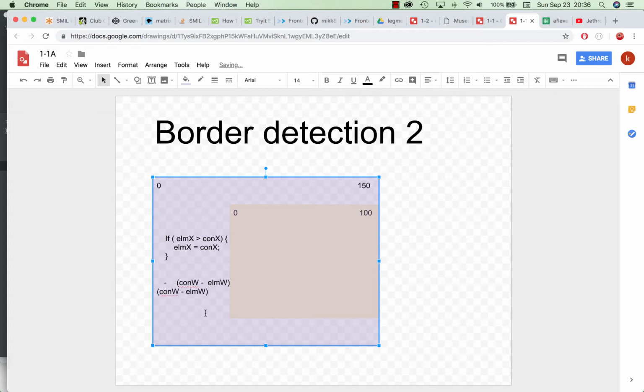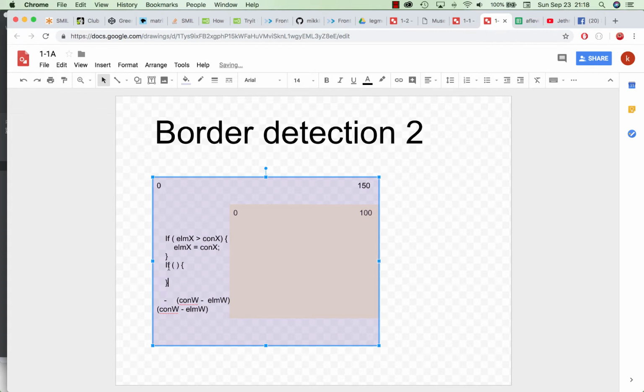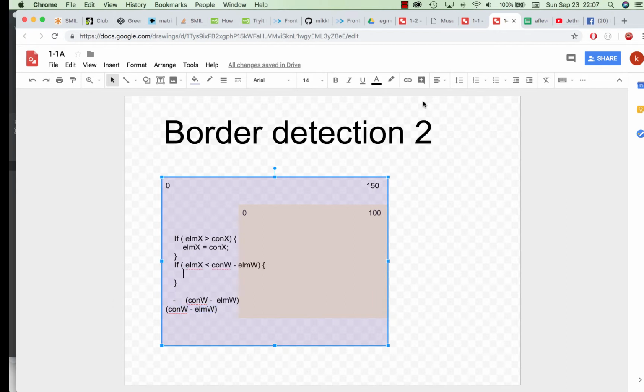This is even simpler. And remember, it's only when the element is smaller than that value that we want to reposition it. So if I could paste in the if sentence, if element x is smaller than this formula, then we want element x to be reset to this new value, because this allows it to still cover the container.